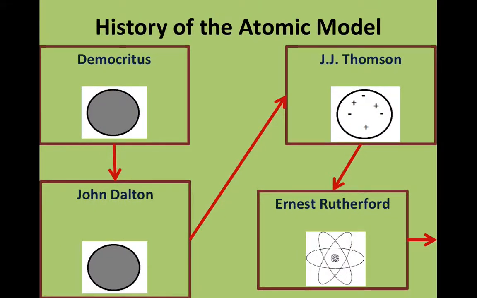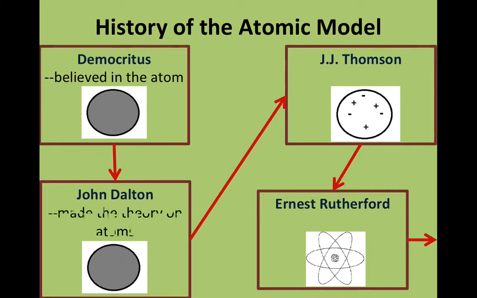Now when we look at the history of the atomic model, we're going to start first with Democritus. Democritus basically was the first guy. He was a Greek scientist, and he viewed atoms as being the smallest particle out there. He actually coined the phrase atomos.